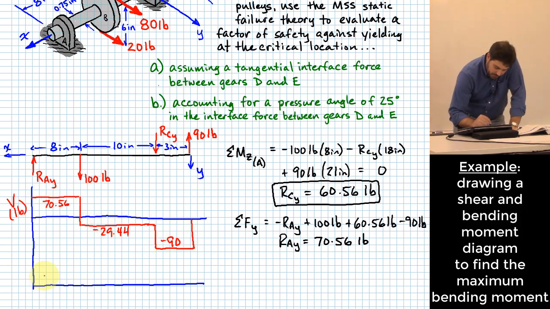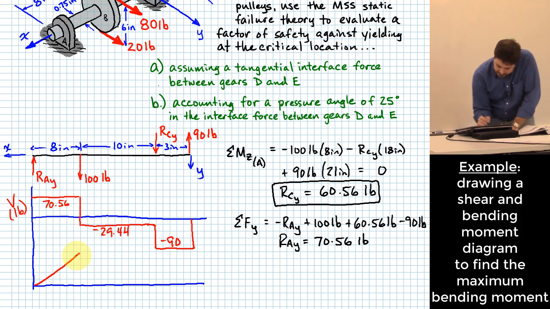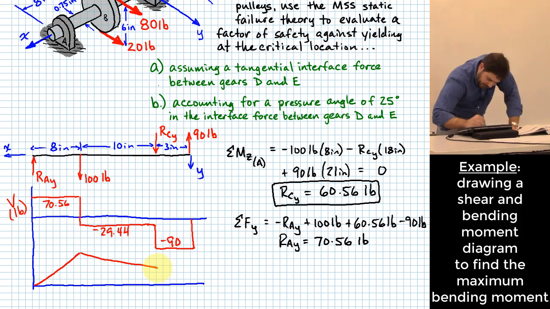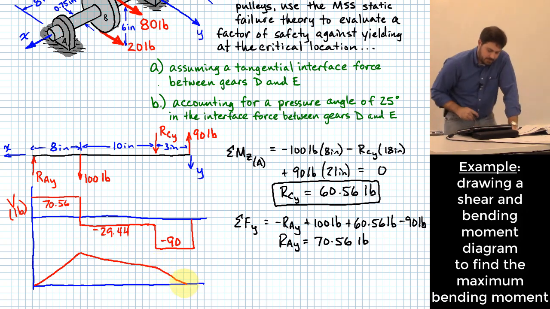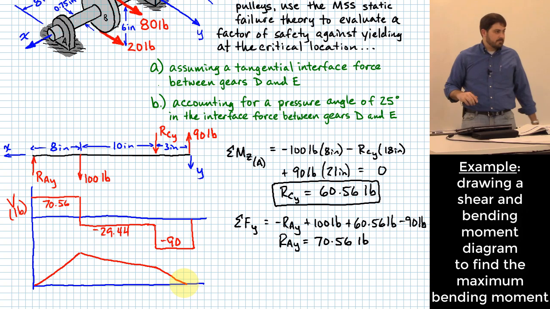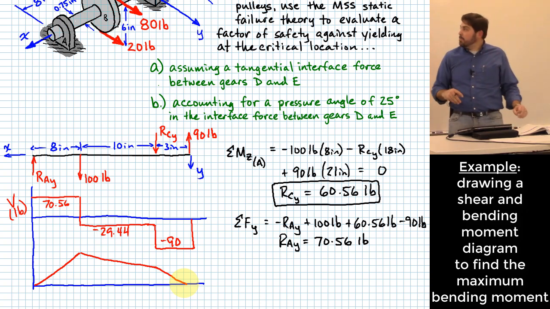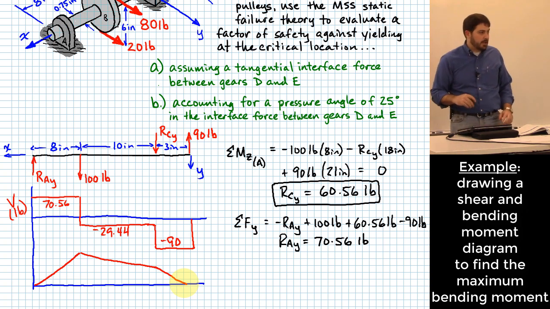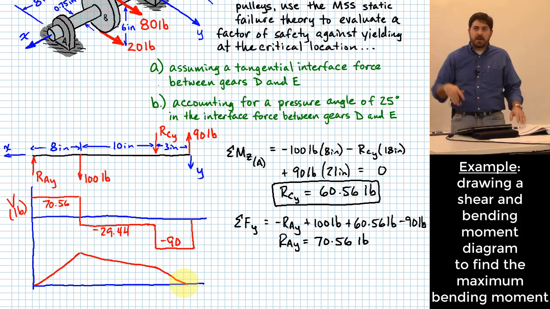So I have a straight line that goes up to here with a positive slope. Then I have a relatively shallower downsloping line followed by a pretty steep downsloping line. So that's going to be the basic shape of my M diagram, right? I can tell just by looking at what the V diagram does.